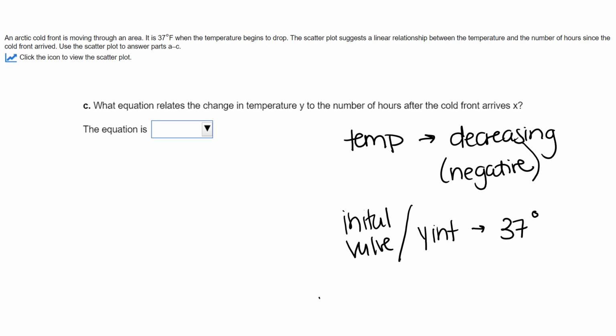So in the equation y equals mx plus b, we know we're going to have a negative number, x, and then the plus 37. Even though we don't know the slope, looking at our drop-down answer choices, there is only one answer choice that meets this criteria, which is y equals negative 3x plus 37.